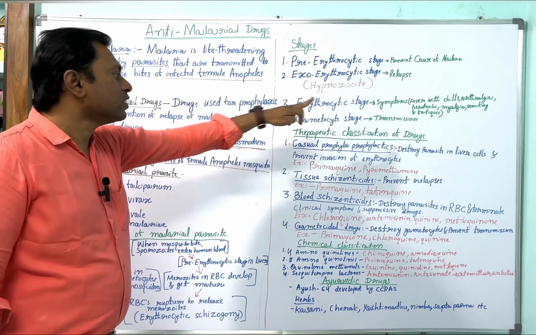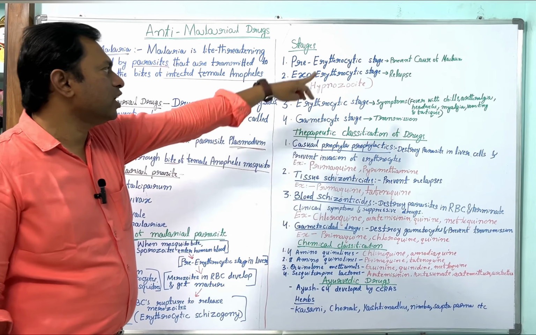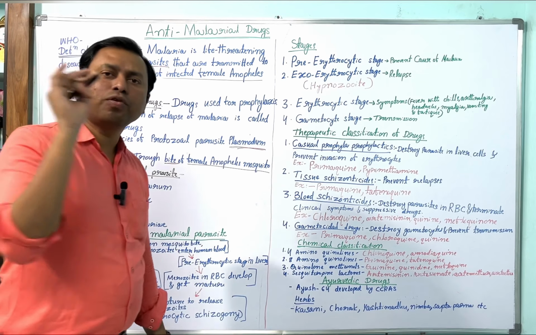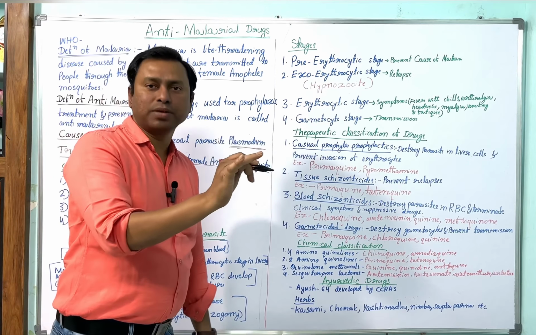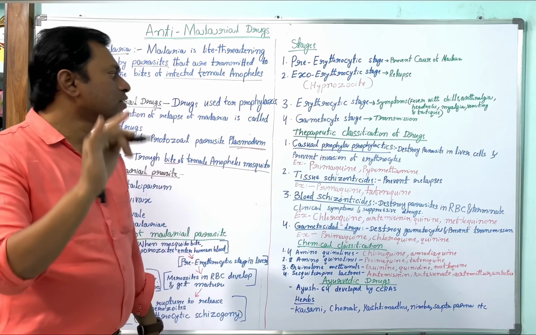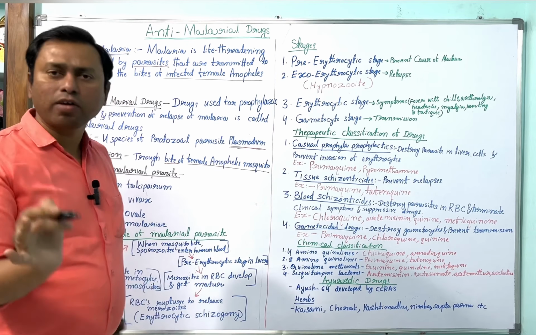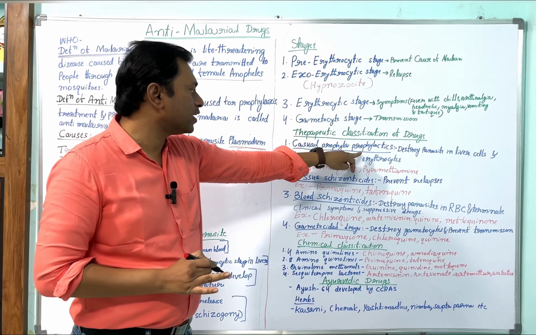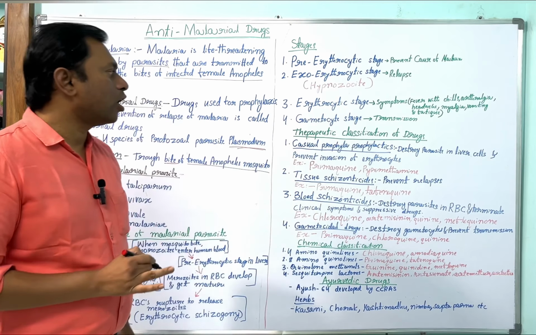It means that before entering into the RBCs, you can destroy them in the liver only. This is the first stage, the causal prophylactics.